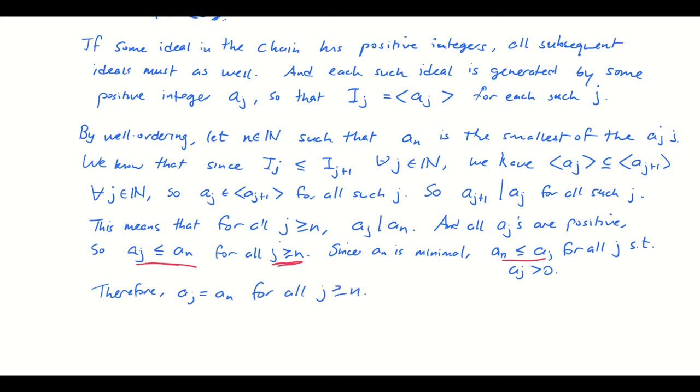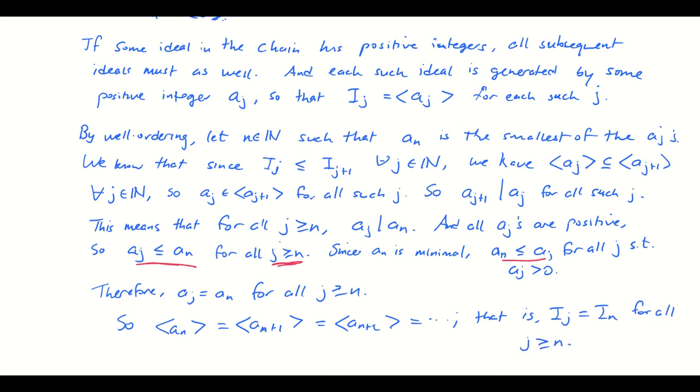And so now we are in a perfect position to prove that this chain stabilizes. The ideal generated by a sub n is equal to the ideal generated by a sub n plus 1, is equal to the ideal generated by a sub n plus 2, etc. That is, I sub j is equal to I sub n for all j greater than or equal to n. And then we're done.